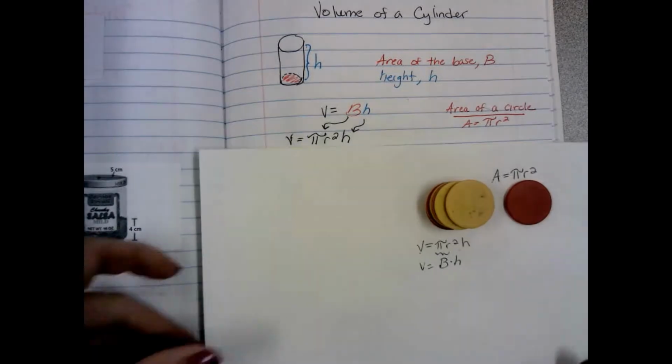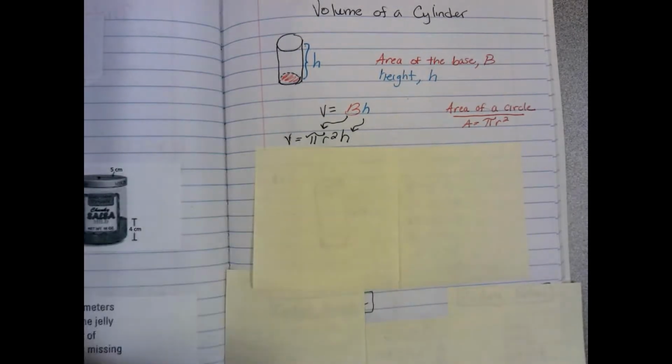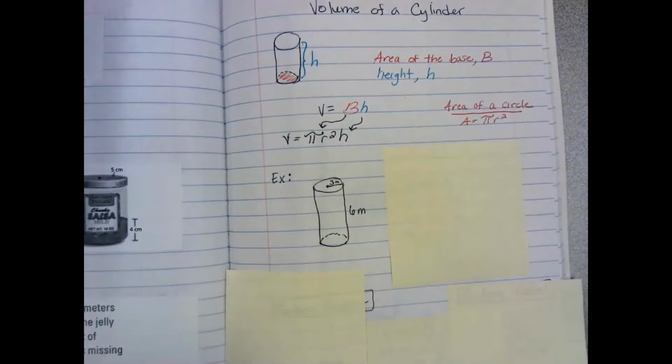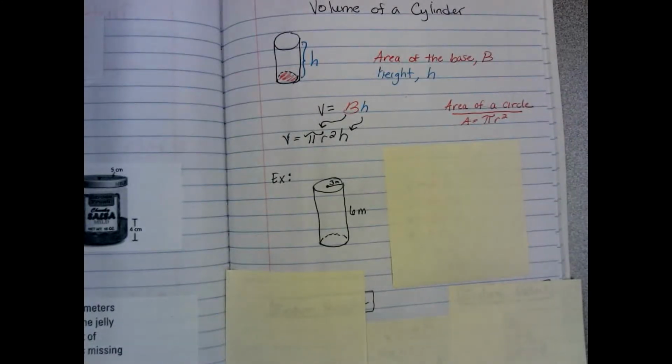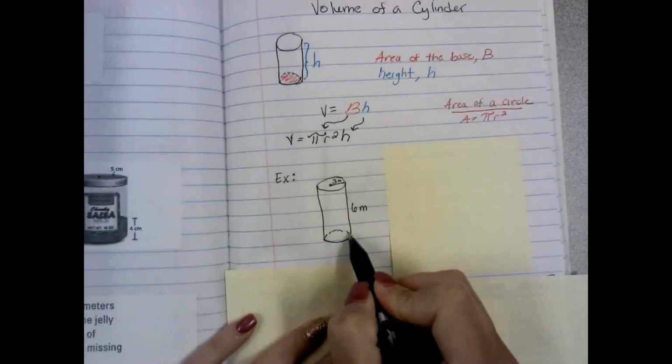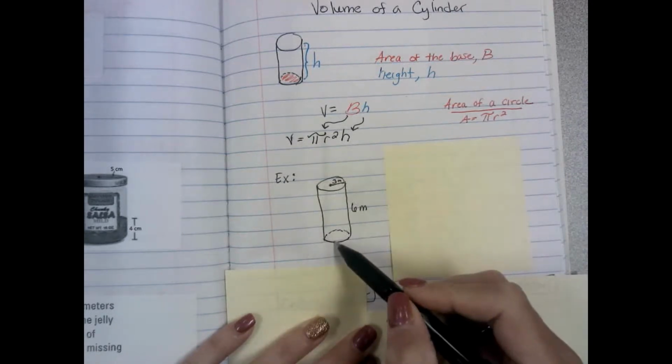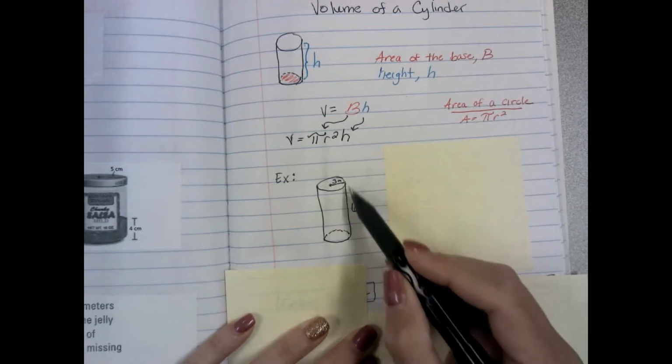Let's try to use this formula. Go ahead and sketch our first example. We have a cylinder, and your sketch doesn't have to be perfect. You can see mine is not. It has a circular base, and it has a height.